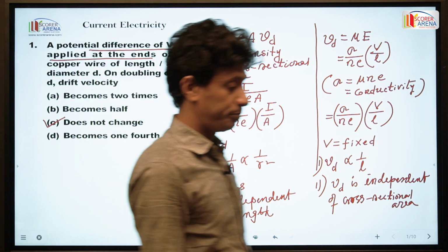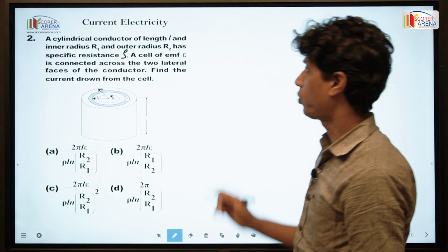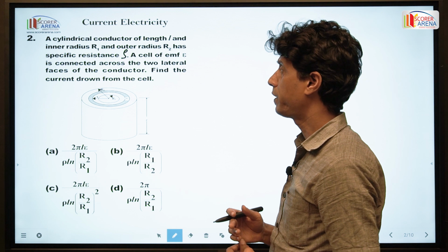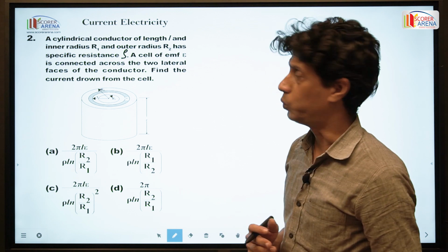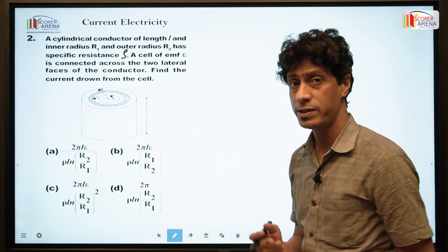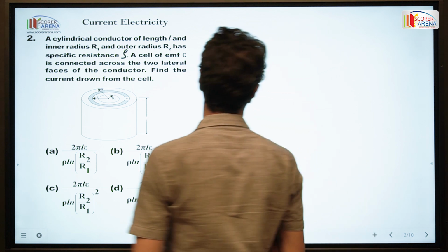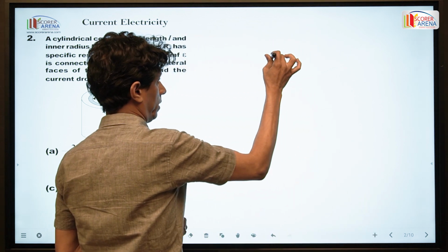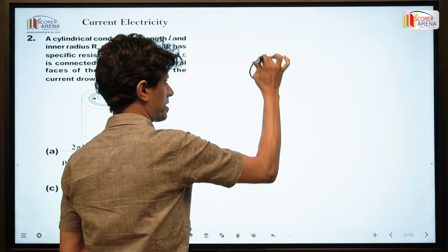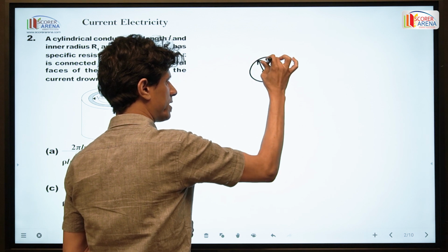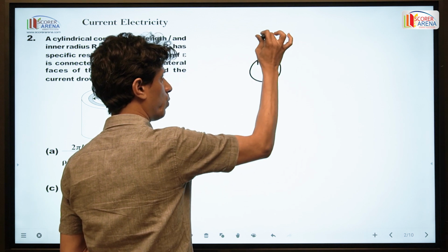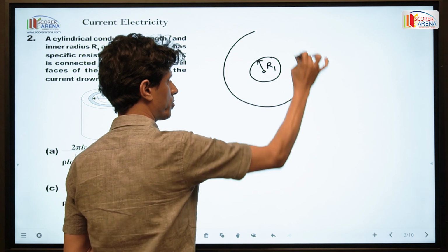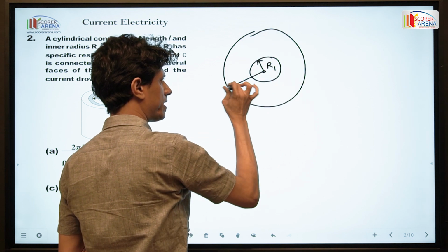Next question. A cylindrical conductor of length L and inner radius R1, outer radius R2 has the specific resistance rho. Here the inner radius of the cylinder is R1 and the outer radius is R2.